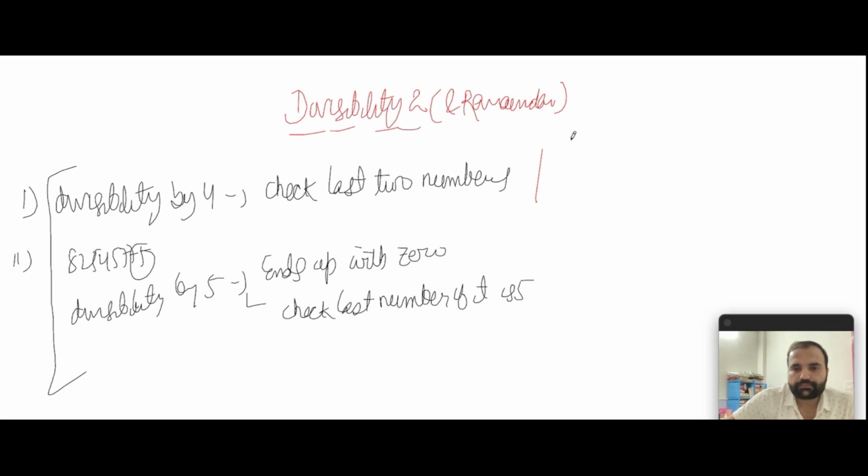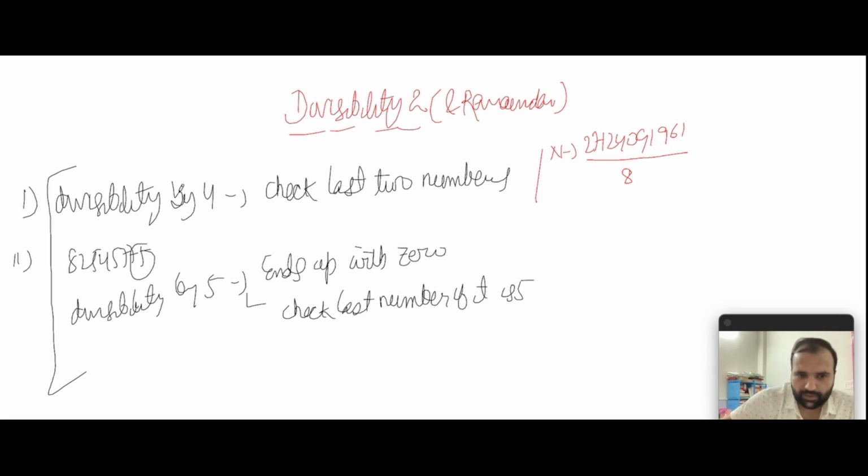Let the number be 27124091961. Now we need to check this for 8. How do we go about doing that?